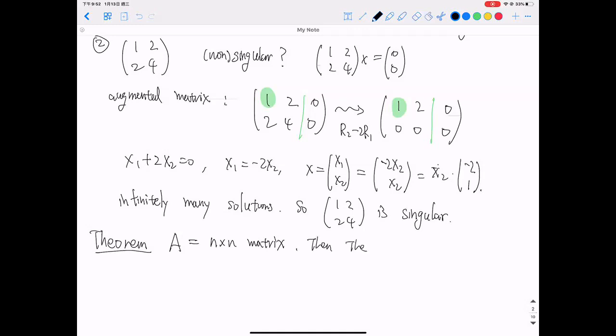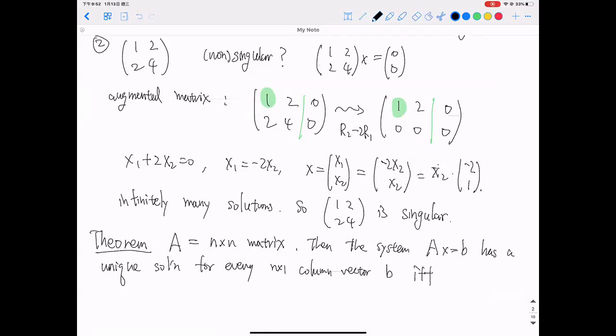Then the equation or the system Ax equals to B has a unique solution for every n by 1 matrix, let's call it column vector, just to be clear, vector B. The statement I'm making is that the system Ax equals to B has a unique solution for any given vector B, and this is equivalent, or if and only if A is non-singular.